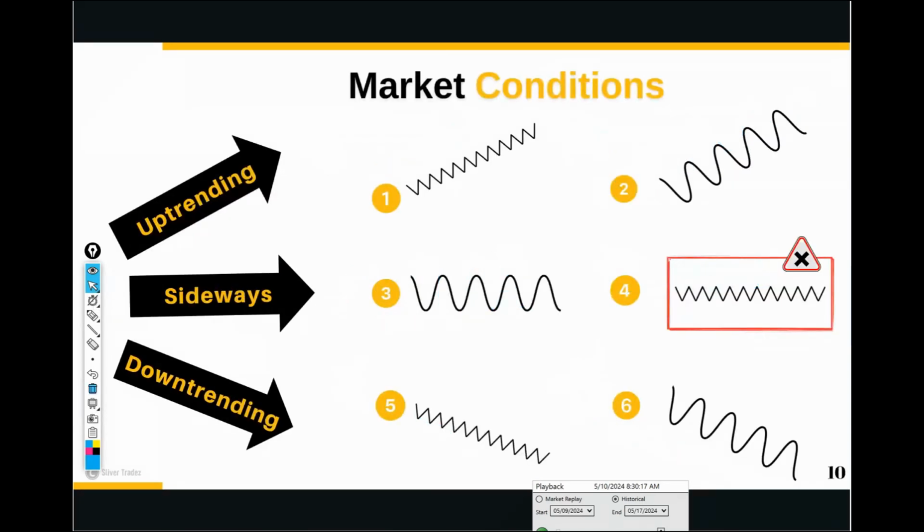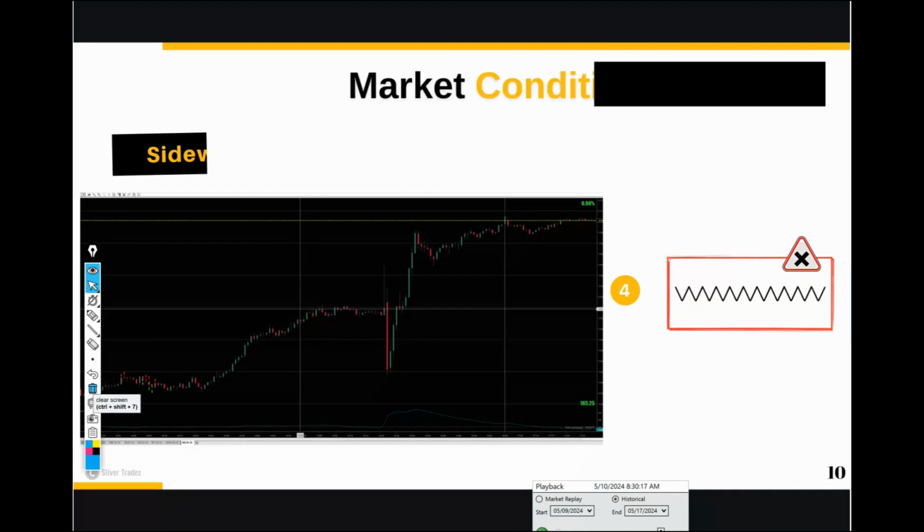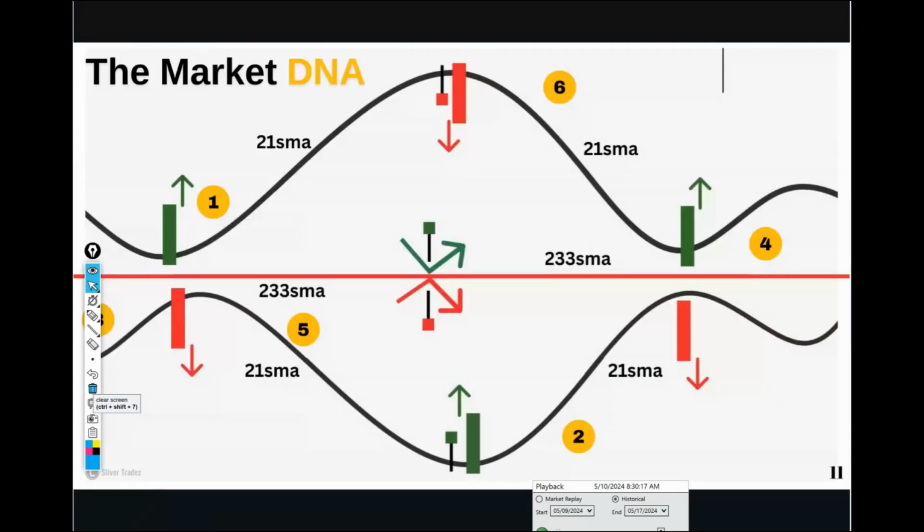This is a cleaner, neater picture of what I had drawn, and then I had shown those six market conditions on this chart, if you remember. Number one was like this, and then number two was making swings coming down. And then five was narrow range coming down.